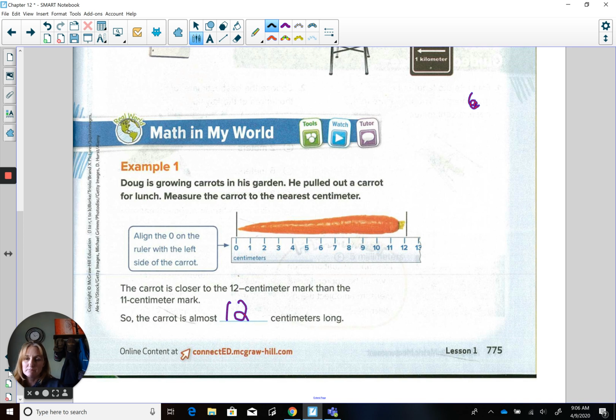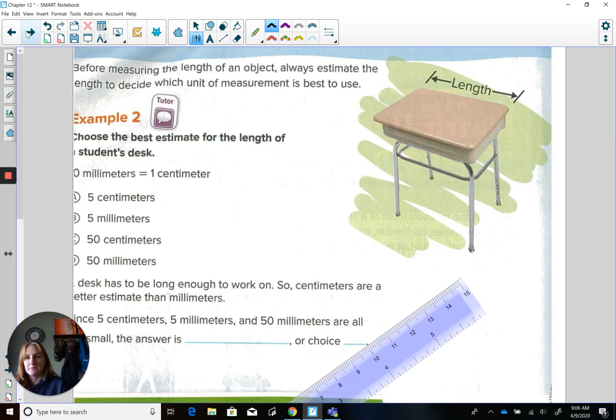Next page. There we go. Okay, some of this got cut off, so I apologize, but I will read to you exactly what it says. So up here at the top, before measuring the length of an object, always ask yourself about the length to decide which unit of measurement would be best to use.